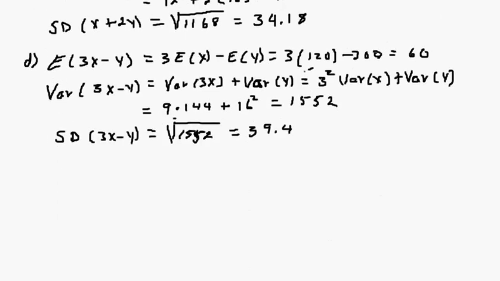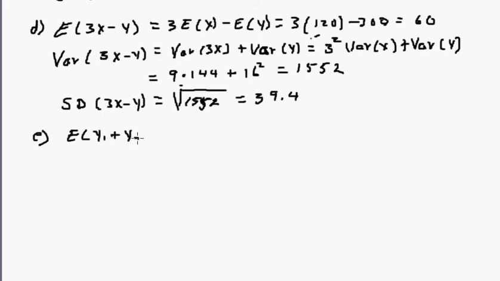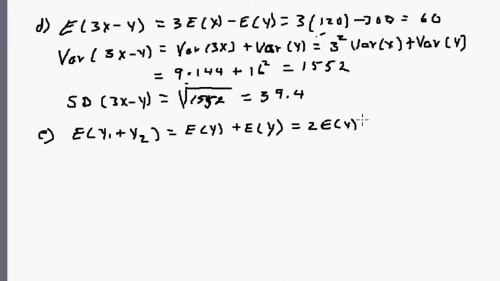Y1 plus y2. So e, the expected value of y1 plus y2 is just going to be the expected value of y plus the expected value of y, which is 2 times the expected value of y. Expected value of y is 300, so that would be 600.